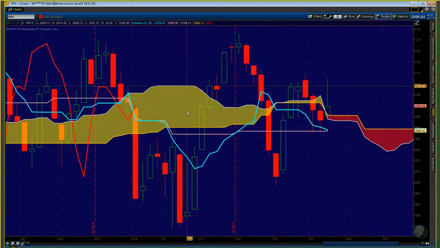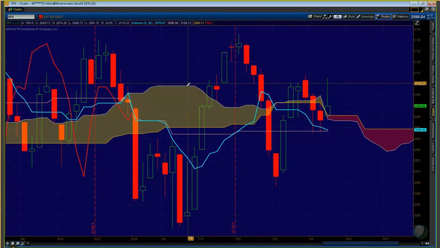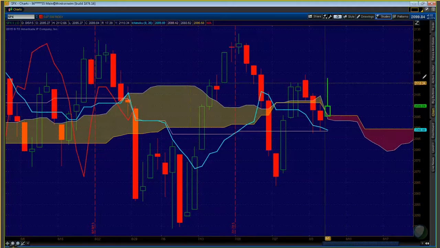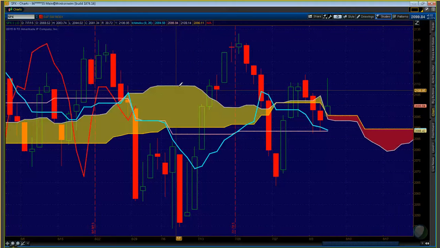If the leading Kumo is wide, it's an indication that historical volatility is high. And we know that volatility is comprised of both historical and implied volatility. So if we have a wide leading Kumo way out here on the far end, that will be an indication the volatility, or our VIX, is low.